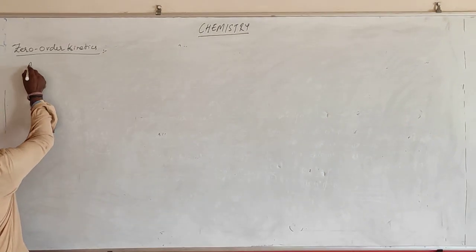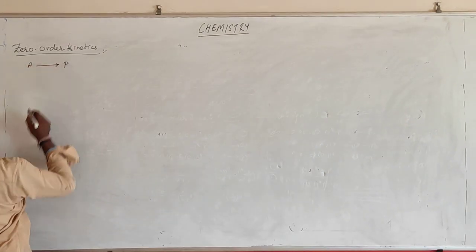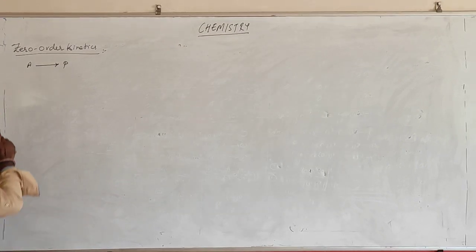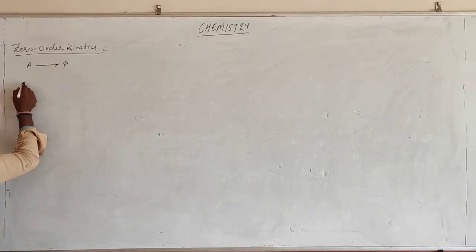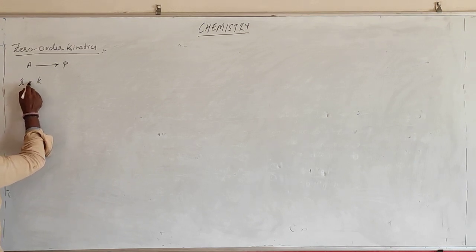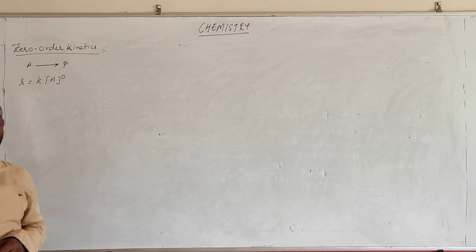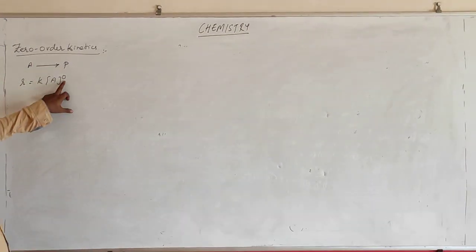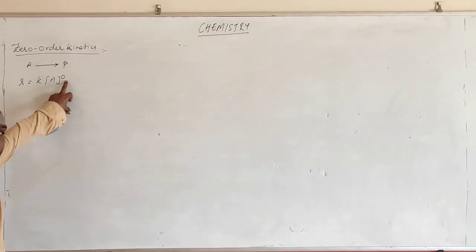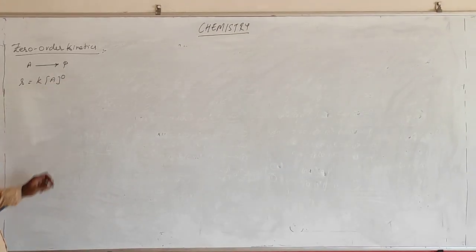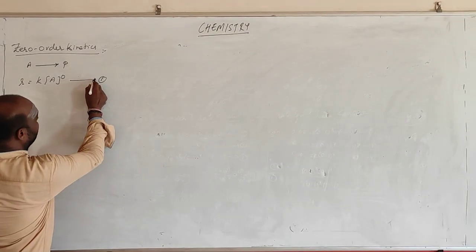Say A is getting converted to product. This is how we can write the rate. So the rate we can write as R is equal to k times A to the power 0. This is one form of writing the rate equation, and it comes from experiment.